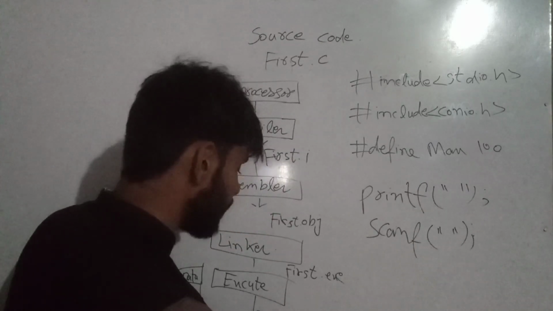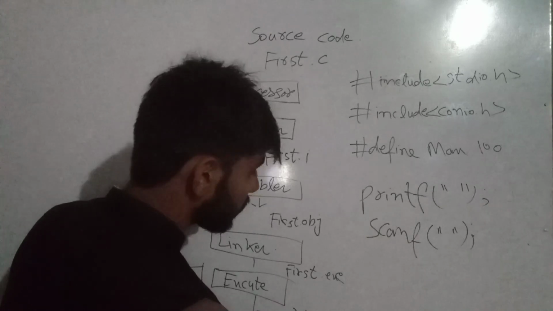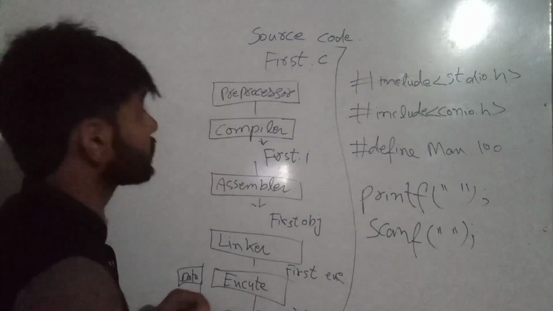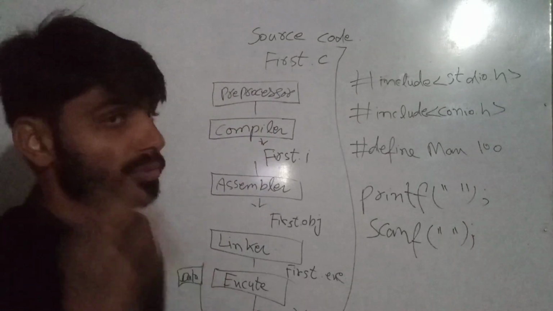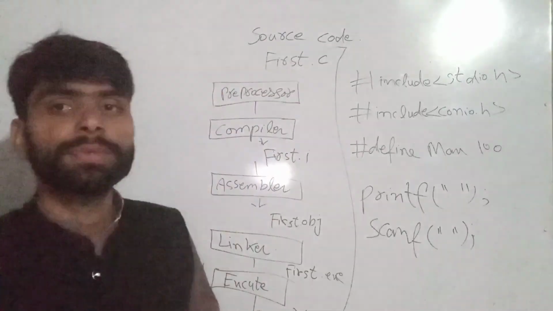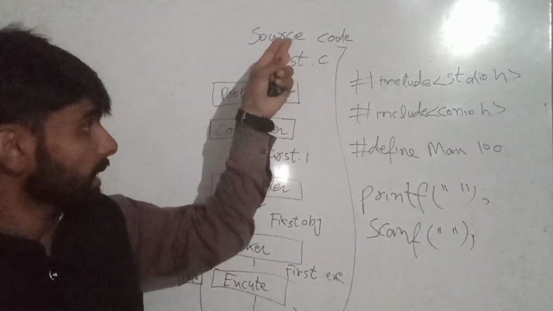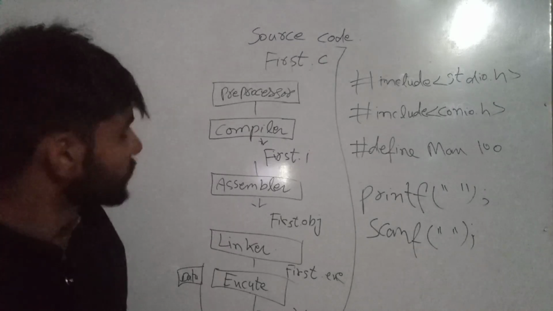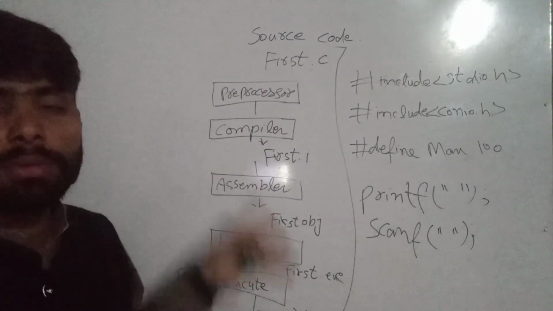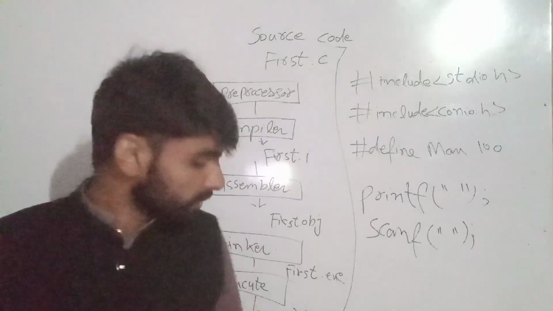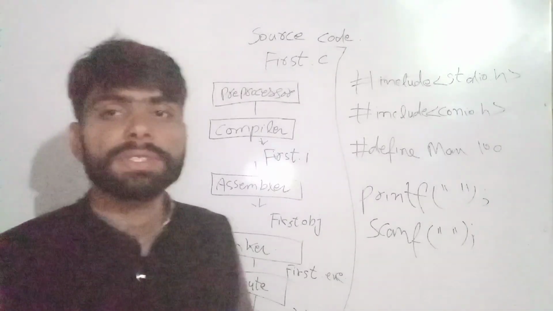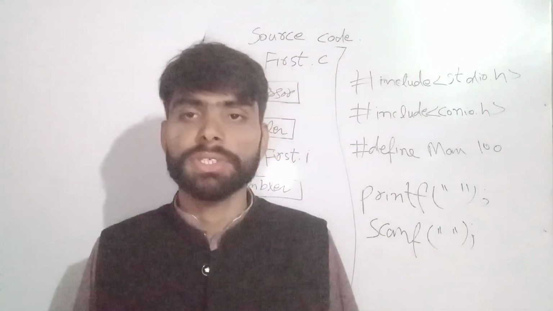If an error occurs, then you have to correct the source code. Obviously you have to remove the mistakes in the source code, and then this whole process will be done again. So this is the structure of how the high level language of C is translated into machine code.